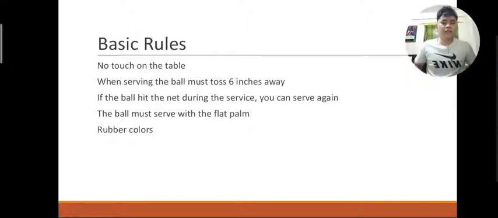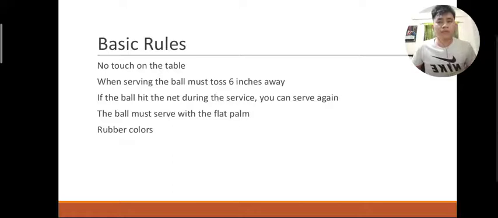The third basic rule is if the ball hits the net during the service, they have a chance to serve it again. And if the third time it still hits the net, then they will deduct your points.